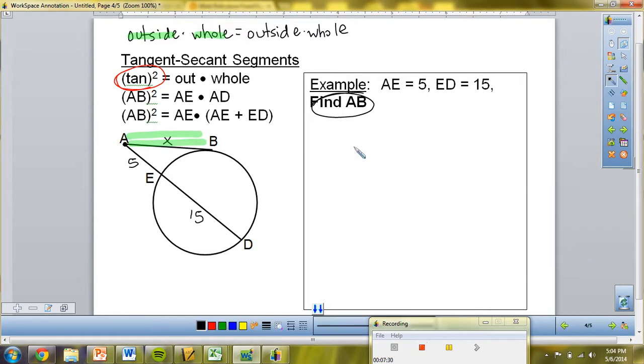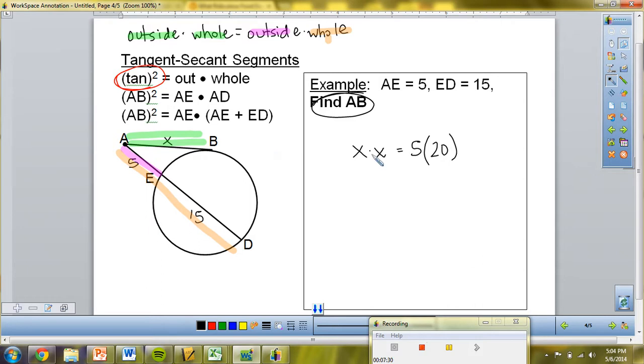So I'm just going to have my X times X equal to, and then my outside, which is 5, and then the whole, which is 5 plus 15. I have to add those two pieces together. So my outside is 5, my whole is 5 plus 15, and those are numbers that I can combine to give me 20.